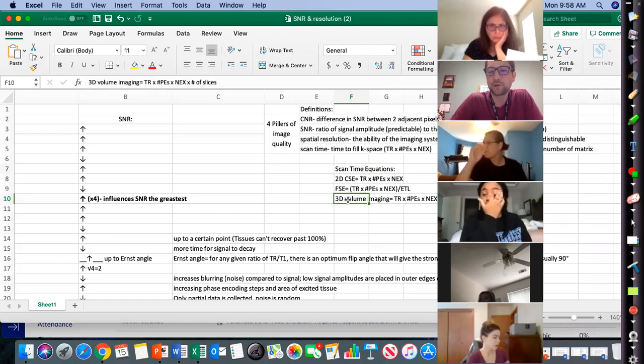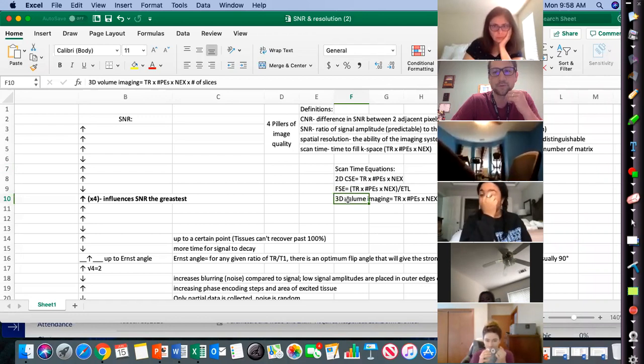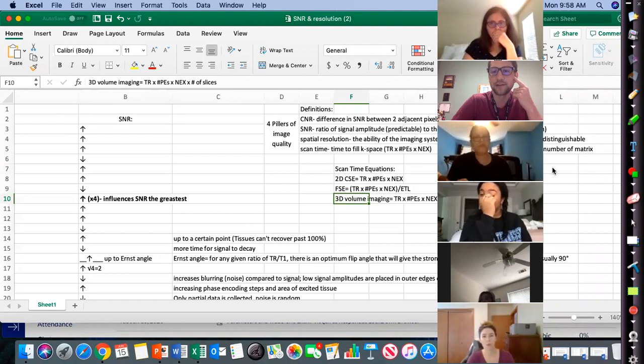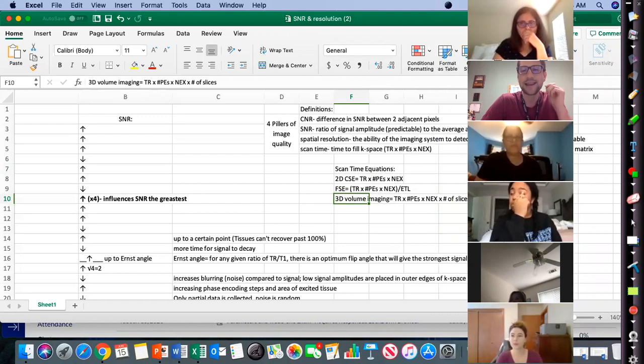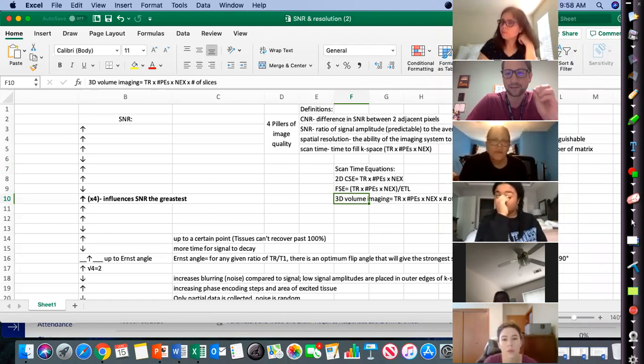But if we're doing multiple slices and getting what we call a 3D volume imaging or volume acquisition, we take that original equation and then just multiply it by the number of slices, not by the slice thickness. Make sure you put that in the notes right next to it, not by the slice thickness, because they'll try and confuse you on the registry. It's the number of slices.